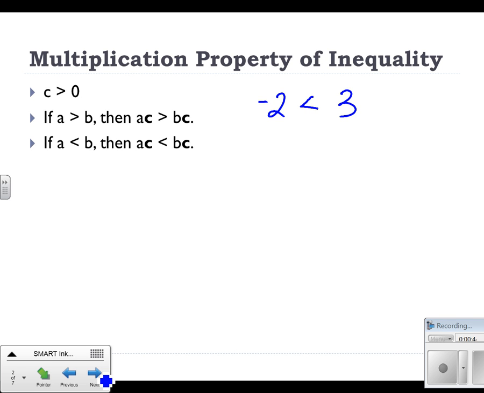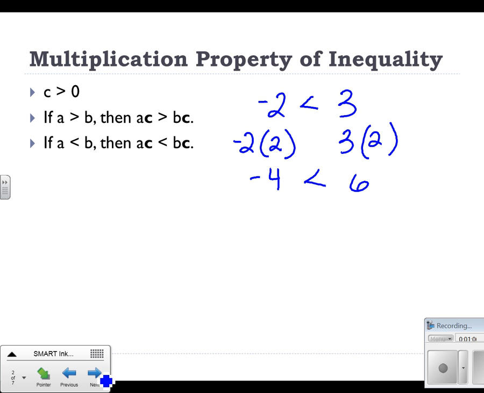If we take both sides of the inequality and multiply both the -2 times 2 and also the 3 times 2, what happens is we're left with -4 and 6, and that inequality symbol is still the same, where -4 is still less than 6.